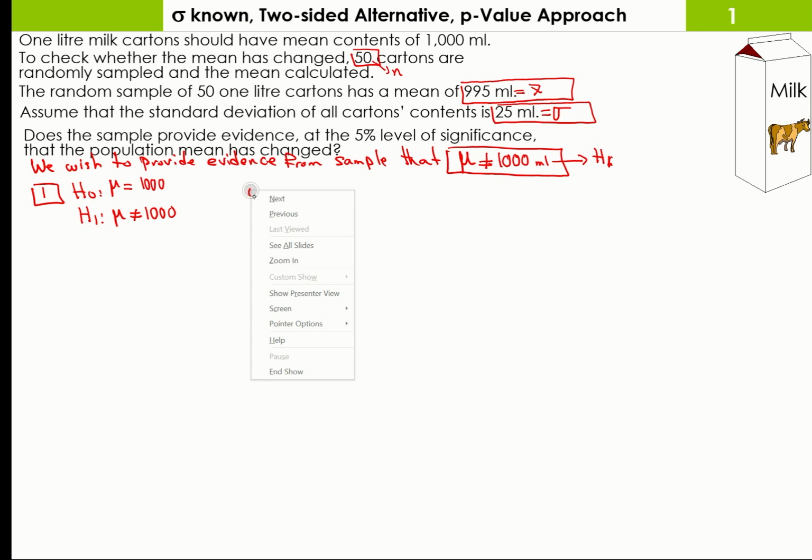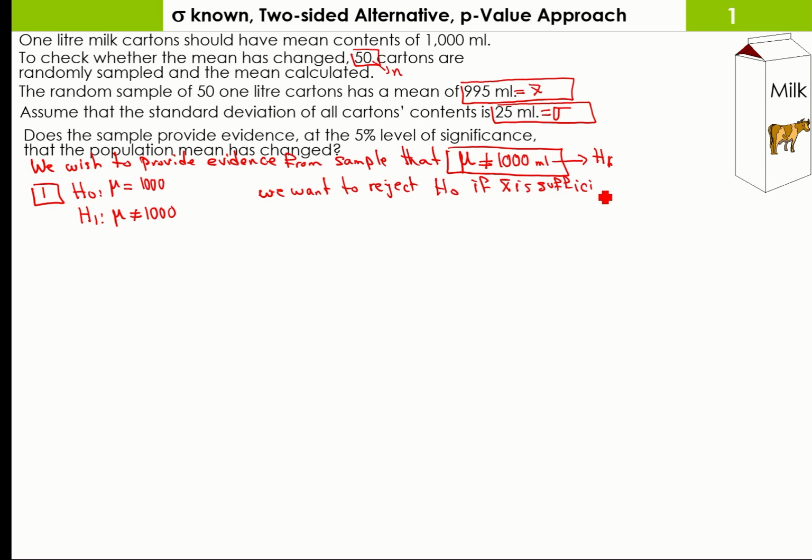So here actually we want to reject H0 if x bar, the mean of the sample, is sufficiently different from 1000.